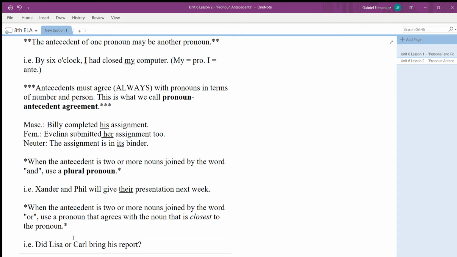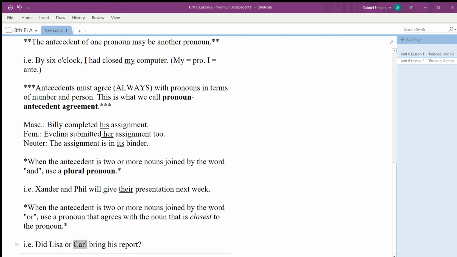This is grammatically correct. Because we have or, and we have either Lisa, presumably feminine, and Carl, presumably masculine, we need to use his because the noun, the antecedent, closest to the word his is the word Carl.